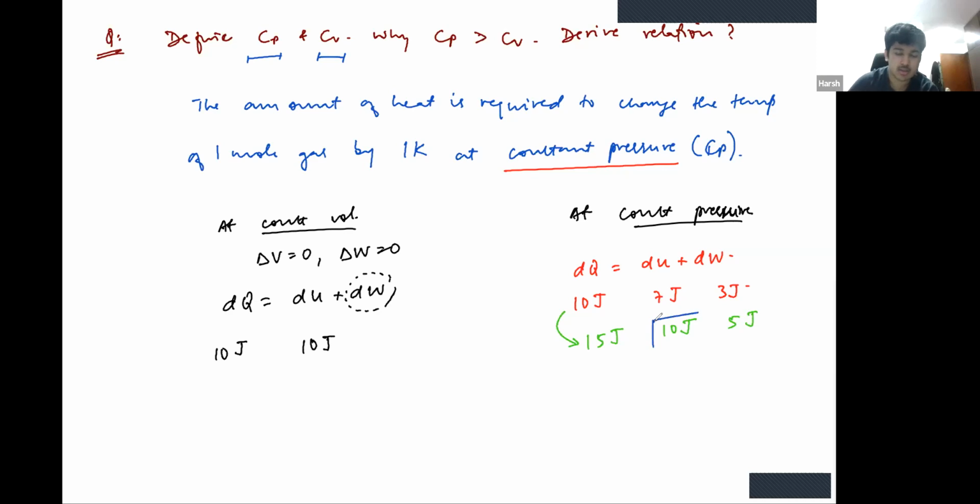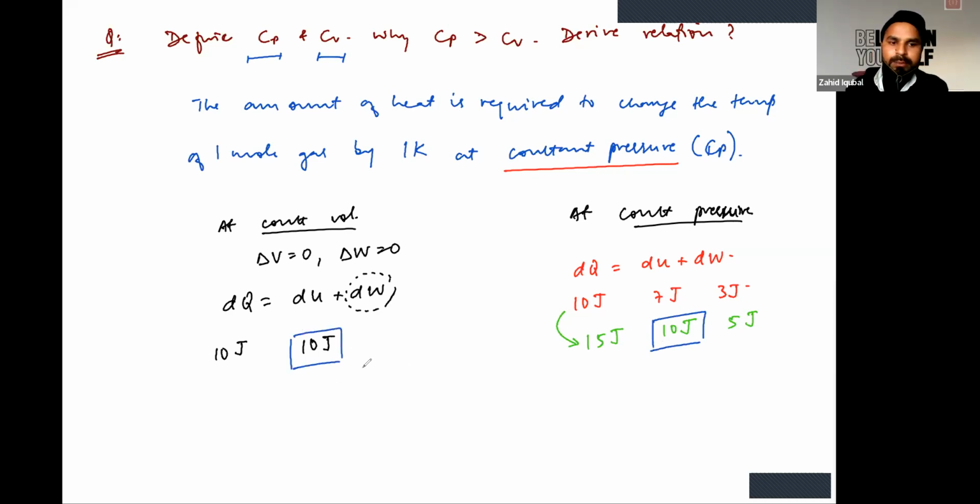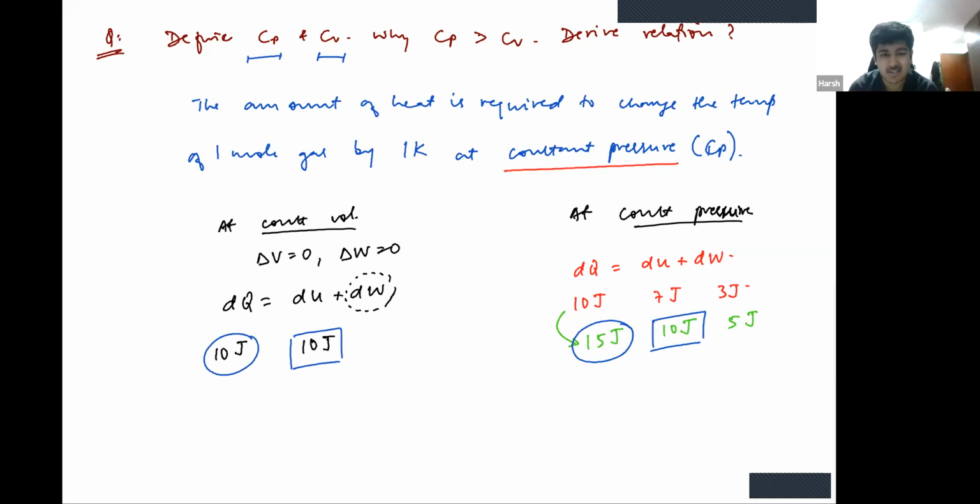So if you have to get the same amount of internal energy in both these processes, just compare the amount of heat supplied, which is more at constant pressure than at constant volume. That's why Cp is greater than Cv. You'll be asked why so? You'll say at constant volume, the heat supplied is utilized only in changing internal energy.